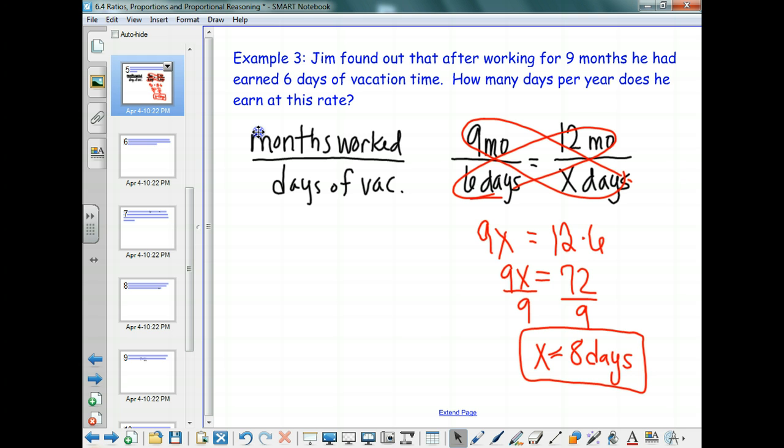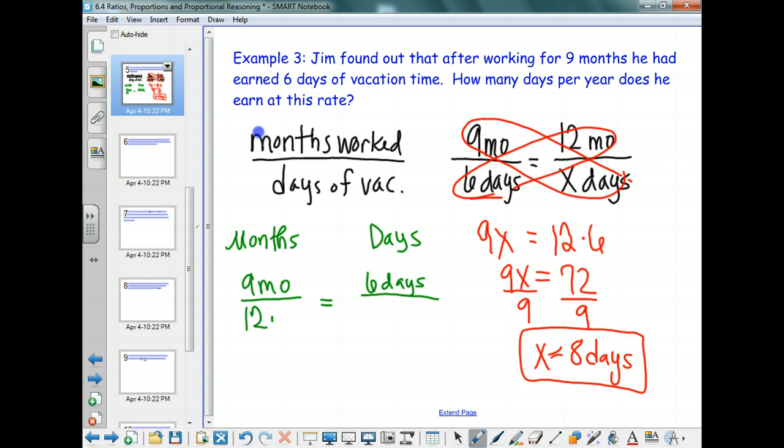All right, so here's another thing you could do. Instead of comparing it like this, where we compared the months over the days, you could compare the months on one side and the days of vacation on the other. Okay, on separate sides with an equal sign. So the months would be that he's already worked 9 months and he's received 6 days of vacation. And we know he's going to work for 12 months, because that's what our question's asking us about.